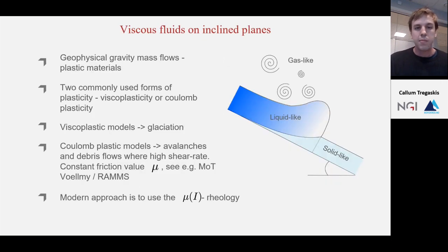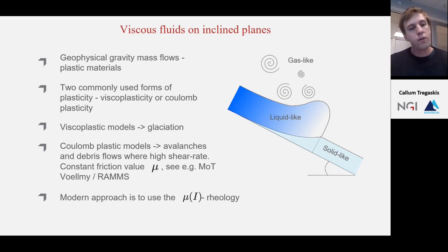And we do something very similar for the geophysical flows. So we normally consider them to be plastic, so that there's some threshold that it needs to get over to start moving. And there are two different ways that we normally do that, either through viscoplasticity or Coulomb plasticity. But that's getting into the more technical things.